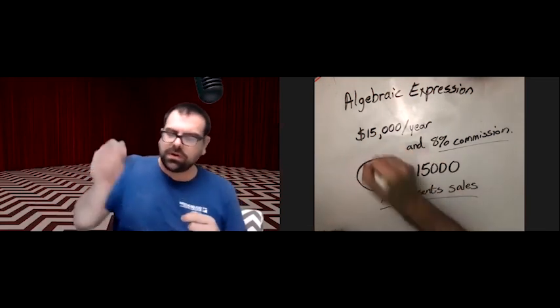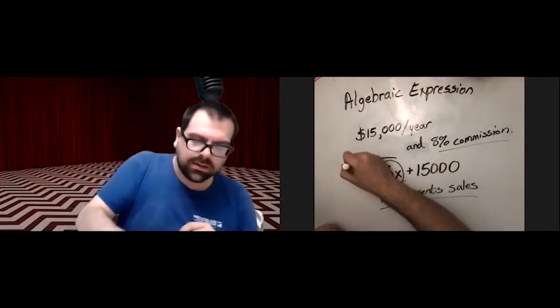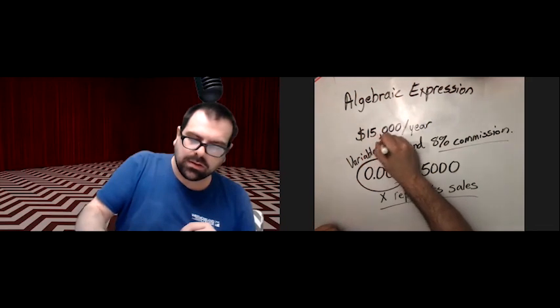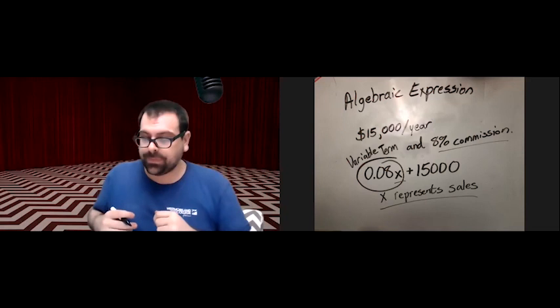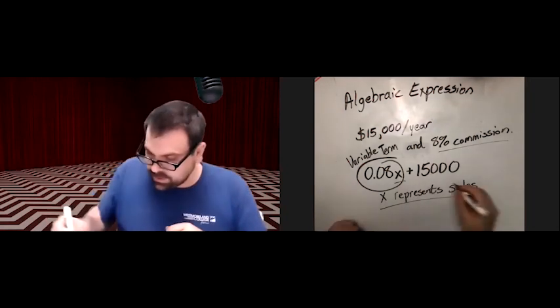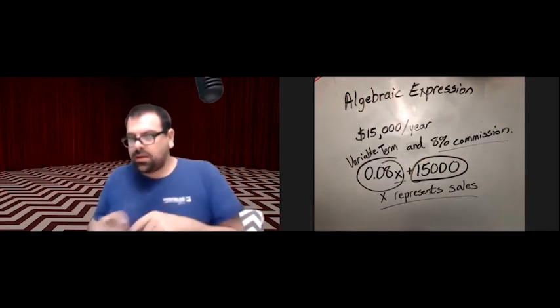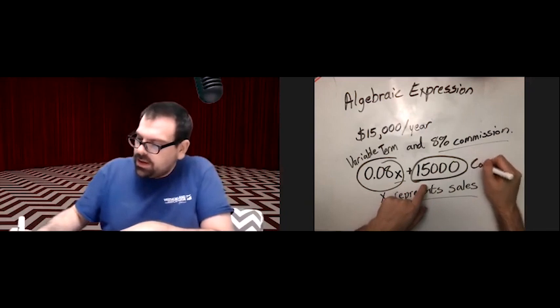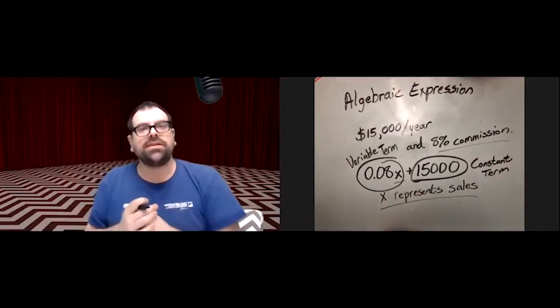The term that has the variable in it is called the variable term. The term that does not have a variable in it is called the constant term.